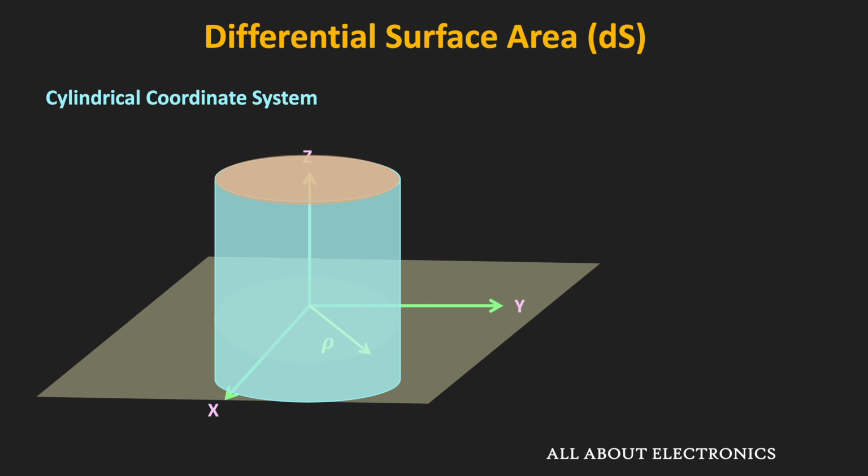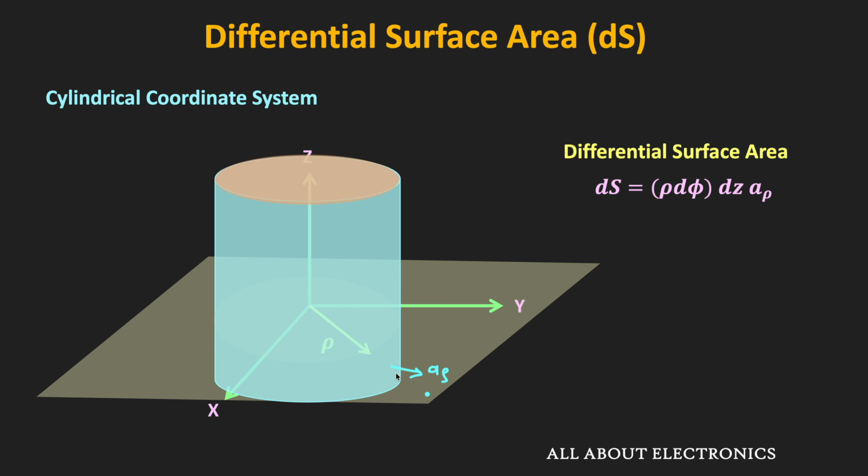So we know that for the cylindrical coordinate system, the differential length in the z direction is equal to dz. And likewise, the differential length in the phi direction is equal to rho times d phi. And as you know, the vector for this differential surface area will be normal to this surface. So in this case, it will point in the direction of the arrow.